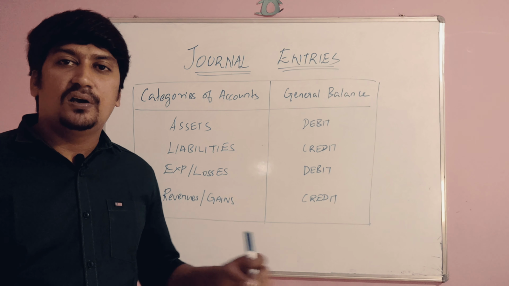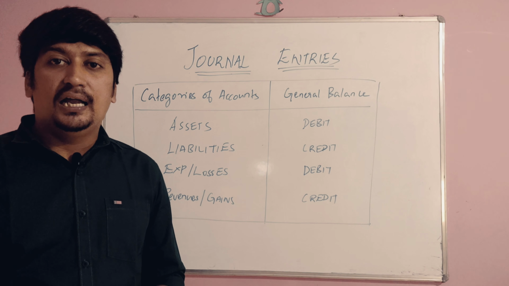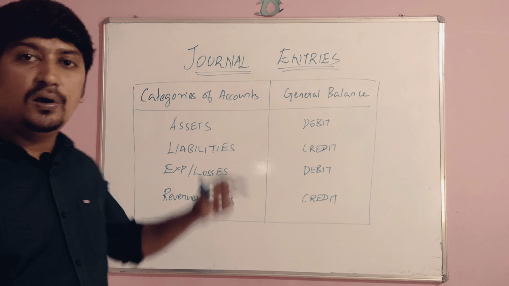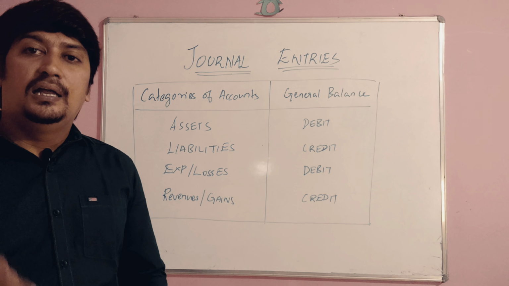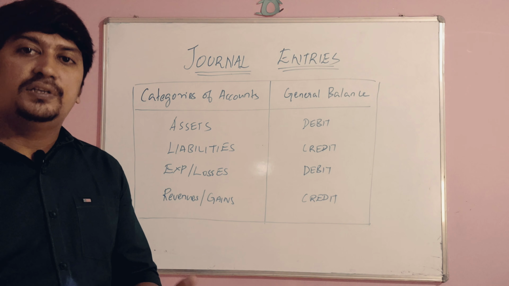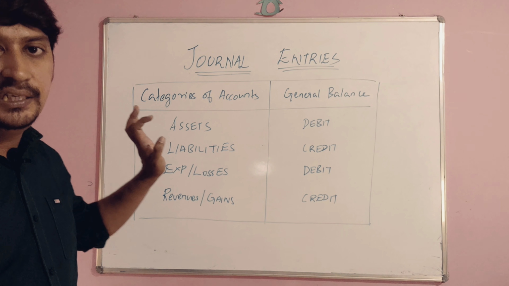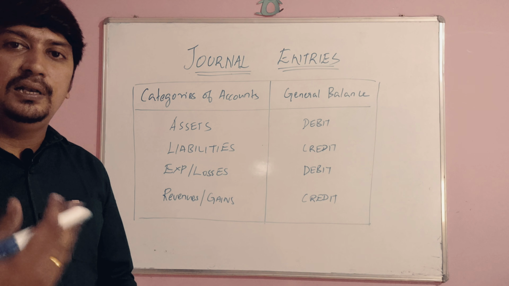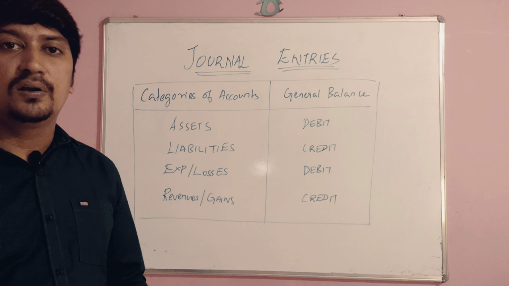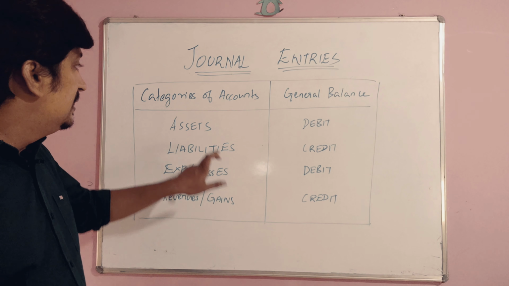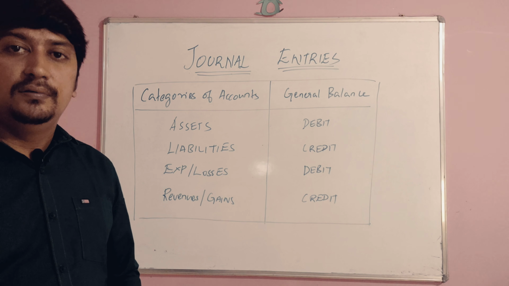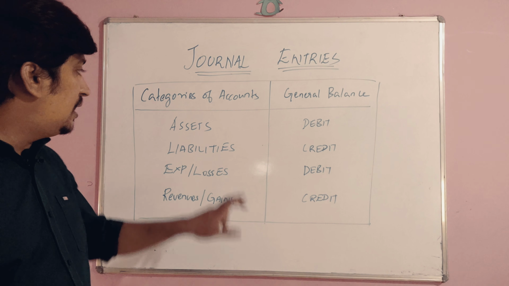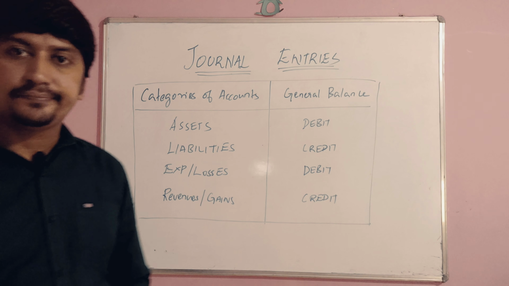So all these things are called accounts, and each and every account belongs to either of these four categories. So for example, land, building, machinery, furniture, all those belong to assets. Of course, assets are tangible, intangible, even goodwill, trademark, they are also assets. Liabilities, the money that we owe to others, like capital, loan, so all those are liabilities.